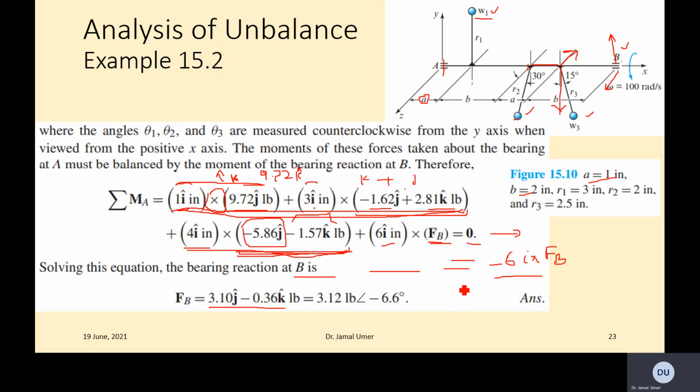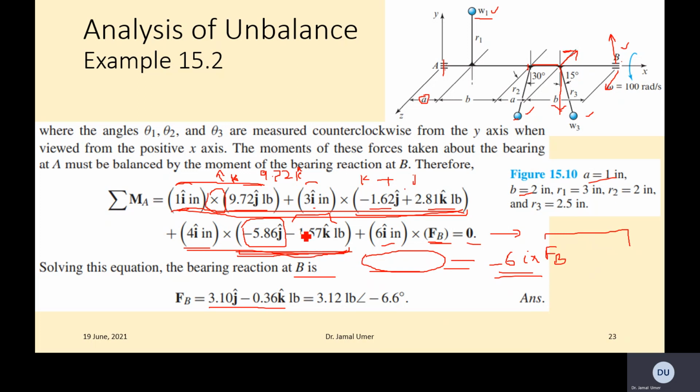Because division of vectors is not allowed, it's not possible to divide a vector by a vector, so we rather equalize. So you find such a value of FB, you multiply that vector with 6i to get whatever this sum value is here.